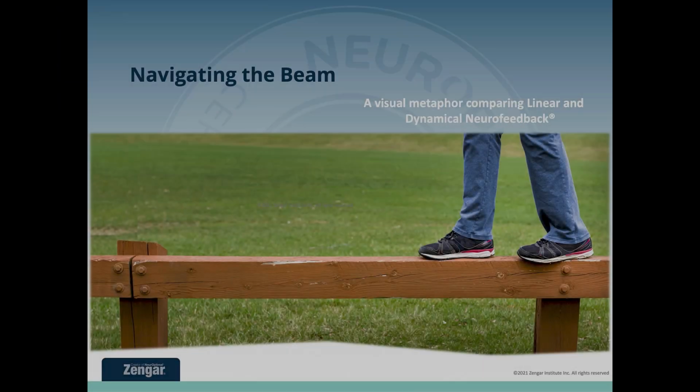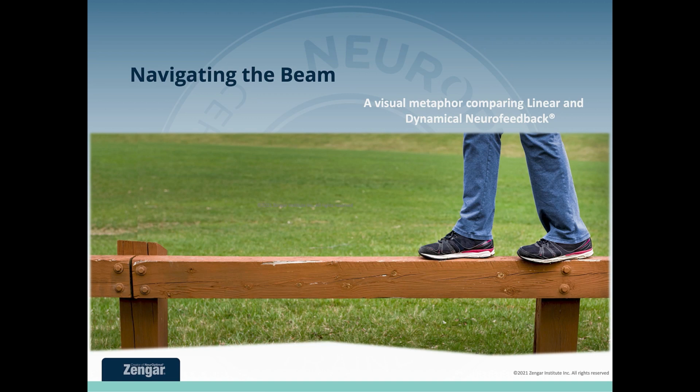If you guys haven't already recognized, I'm real big about analogies or metaphors, and I think partly because it just helps all of us see a very difficult philosophy in a visual way. So one of the things I have come up with is this balance beam.